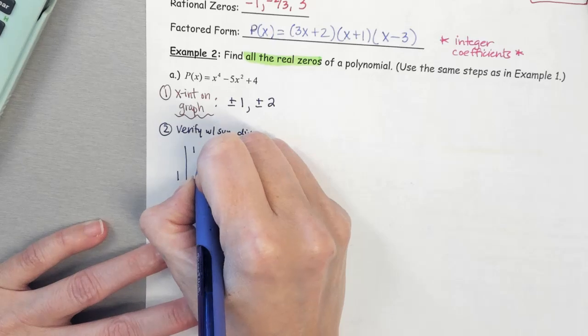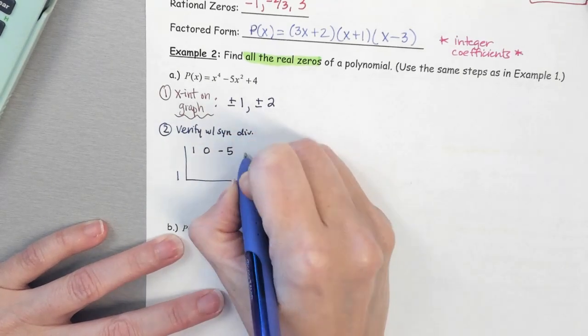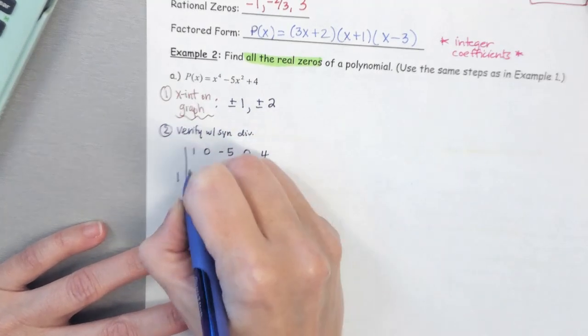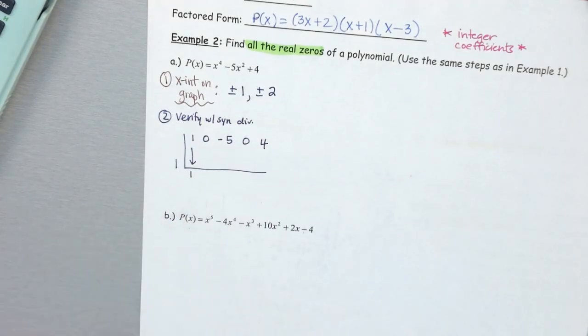X cubed, so we got to put in a 0. We have x squared, we don't have an x, and we have a constant. Okay, so if you guys have missed those placeholders, I want you to put them back in, and then do your synthetic division. And you know that you've done synthetic division right if you get a 0 as your remainder, because you know it's a factor.